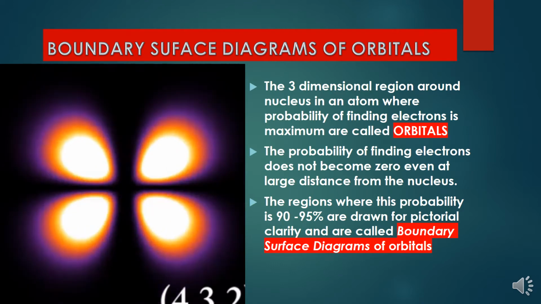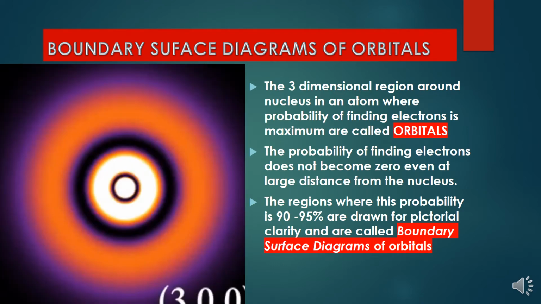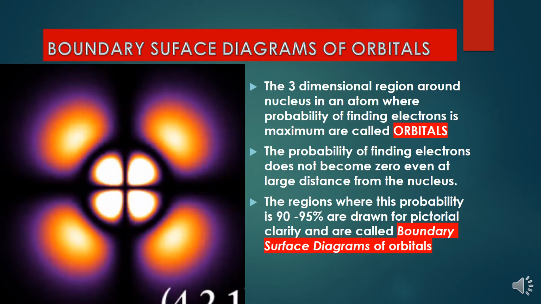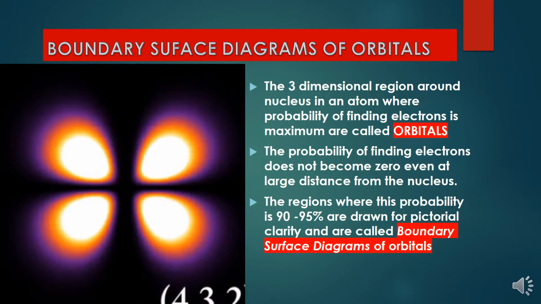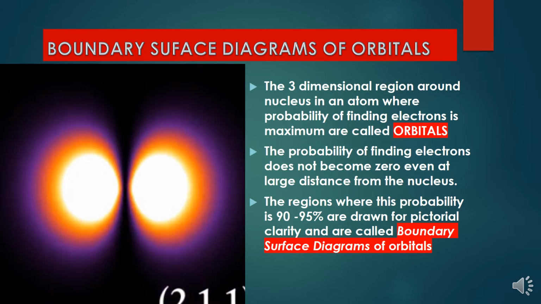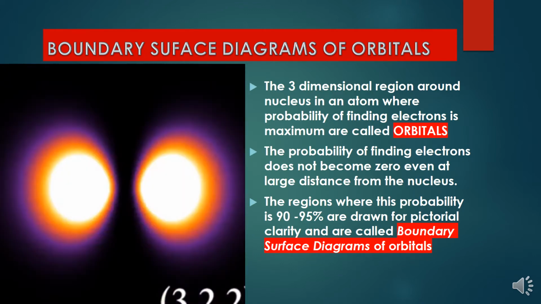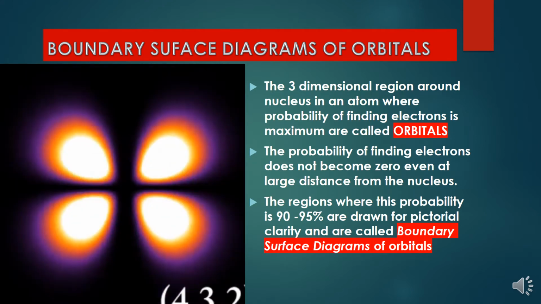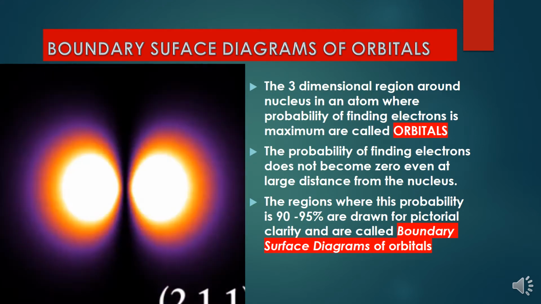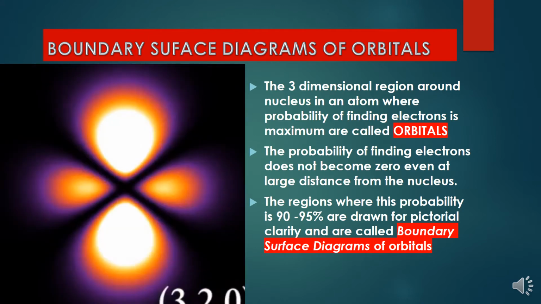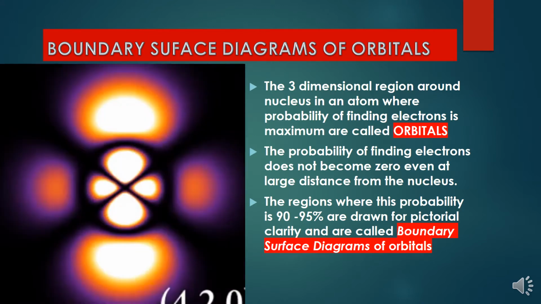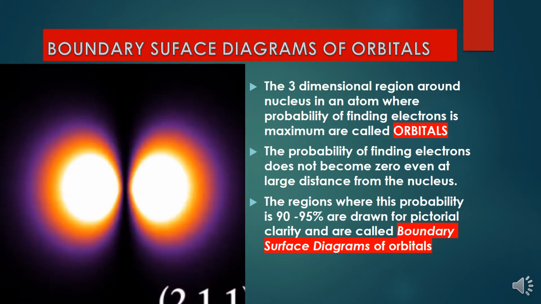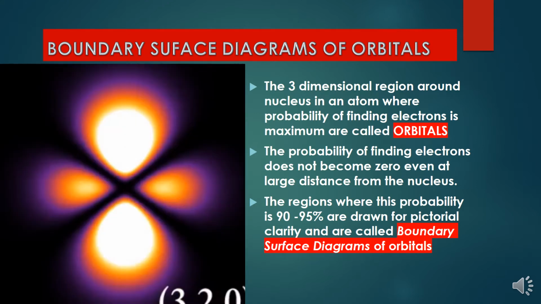Those structures are called orbitals, and these structures can be drawn by calculating the value of the wave function, which Schrödinger calculated for every orbital. When these values are plotted with the distance from the nucleus, they give particular values for these diagrams, and on the basis of that specific shapes can be observed, which are called boundary surface diagrams of orbitals.